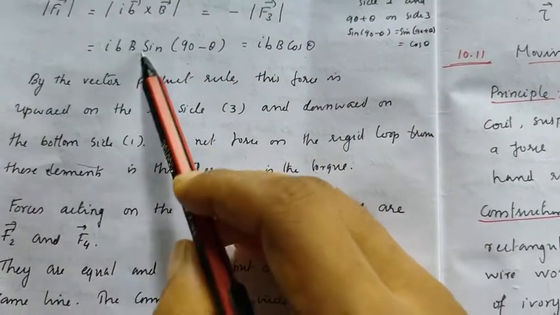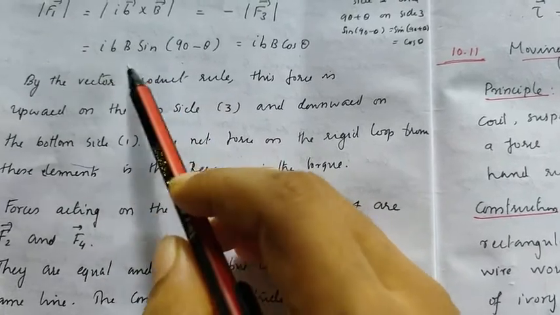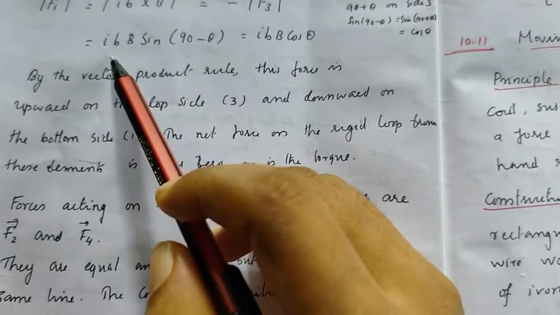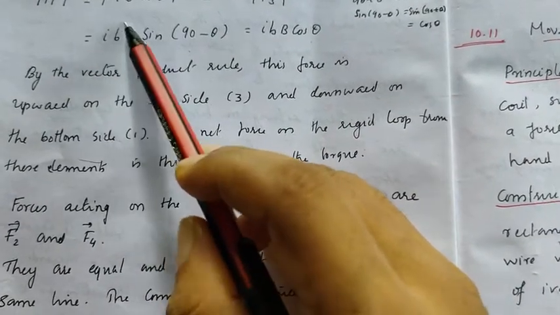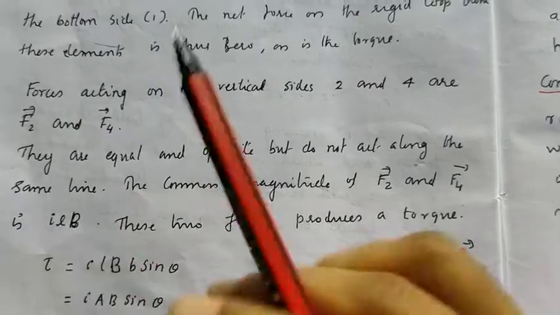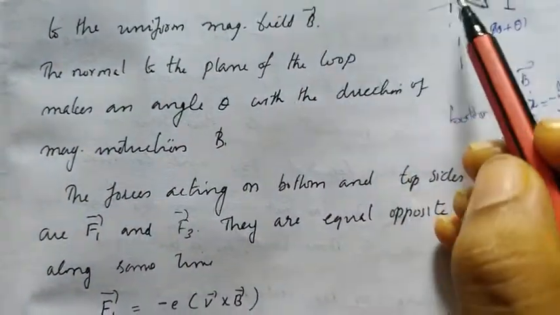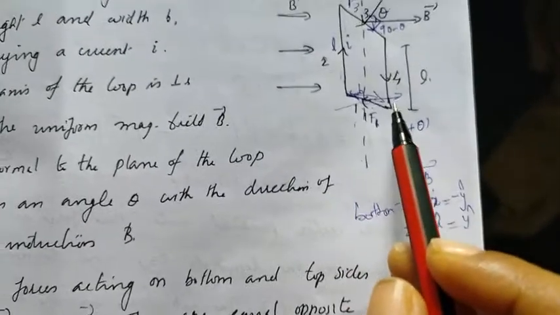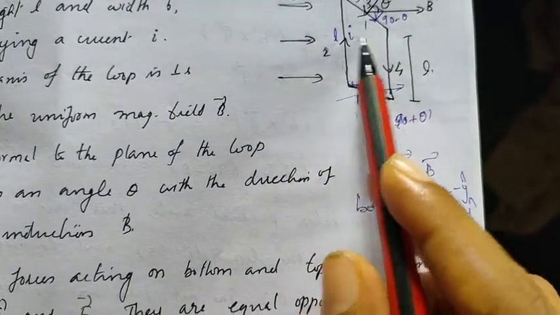as here IBB, because the length of the loop in the top and bottom side is B, that is why B here, and here it is IL because the length of the loop is L, and the angle between B and L is 90.